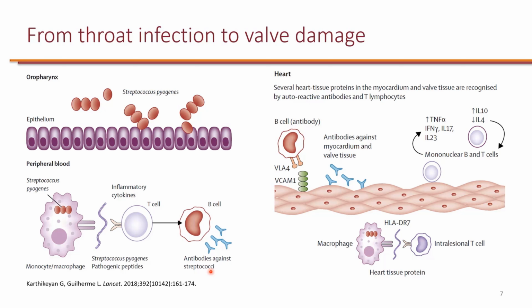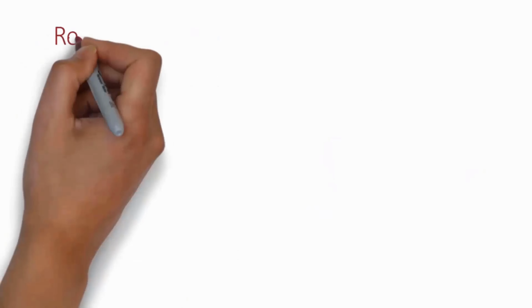Now the problem is there are proteins in the heart that look similar to these antigens that come from Streptococcus pyogenes. So when the immune system has immunity against this strep, in the heart, these antibodies can start attacking the myocardium and the valve tissue, which in time can lead to heart disease.